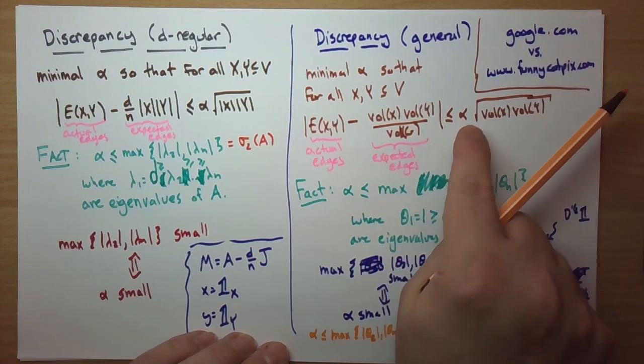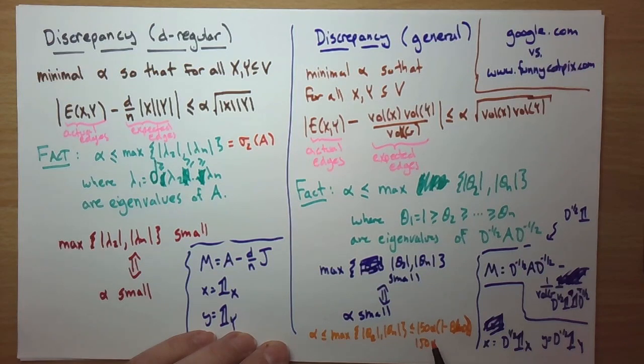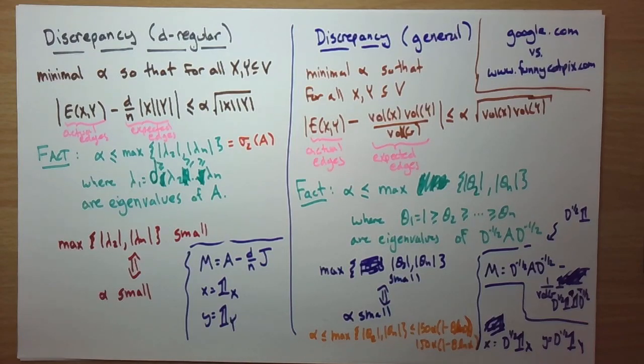It's the best alpha you can choose here, which is less than or equal to 150 alpha times (1 minus 8 log alpha). Oh, sorry, 1 minus 8 natural log alpha. All right. And so that's the result.